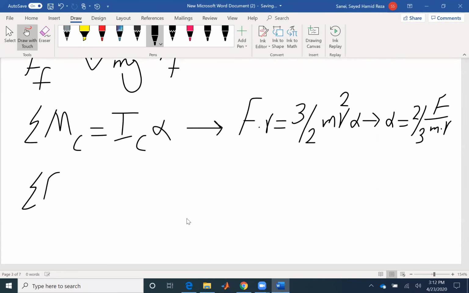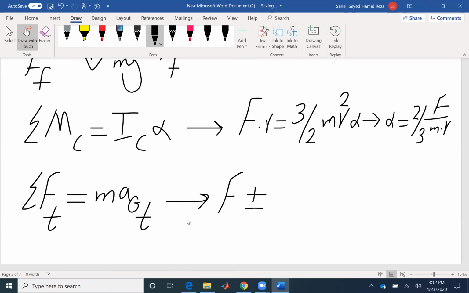Also, I can write the force equation in the x direction, or tangential direction, which would give me m a_G. So I have the force F. Here it's interesting because I don't know the direction of the friction force yet, so I'm going to write plus minus.